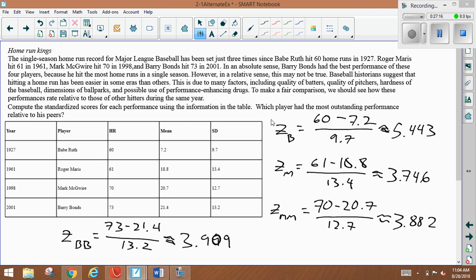So it looks like comparatively, Babe Ruth did better. Does anyone know any of Babe Ruth's nicknames? The Sultan of Swat?